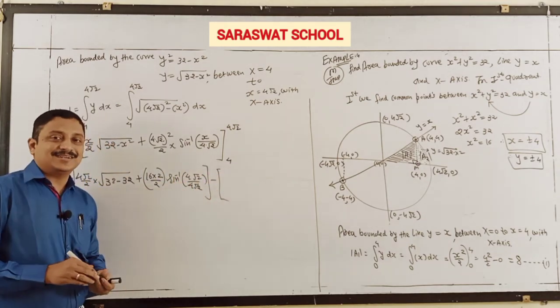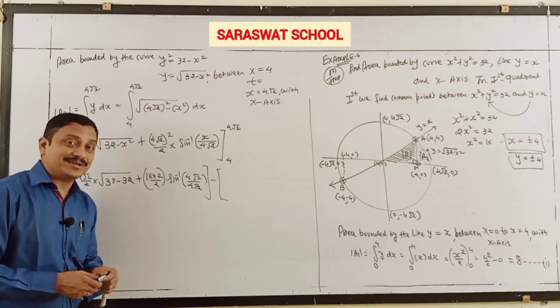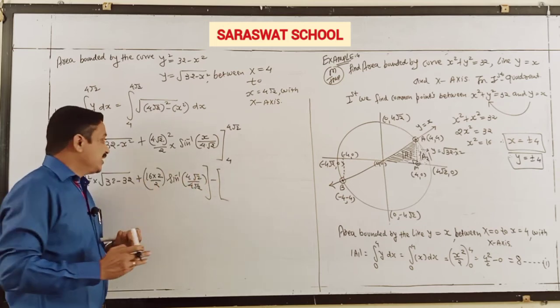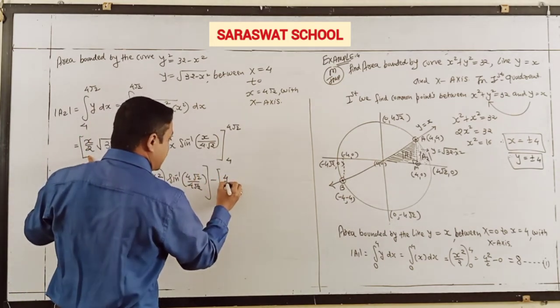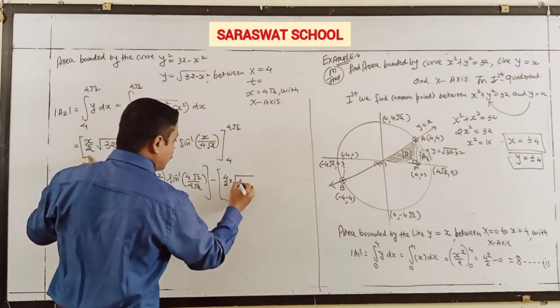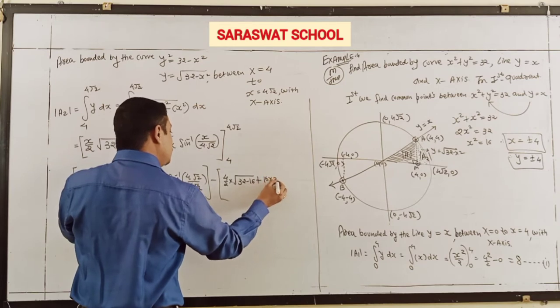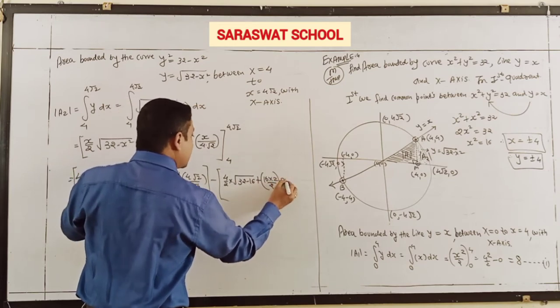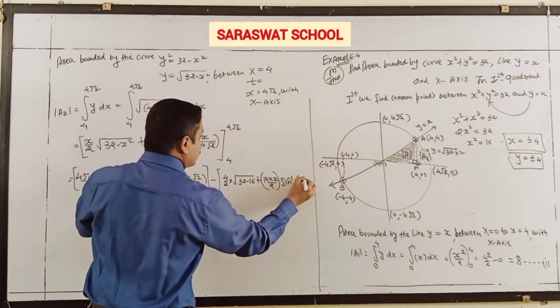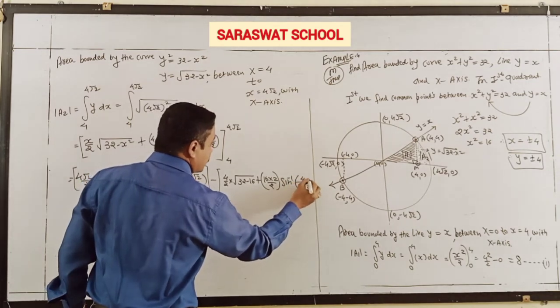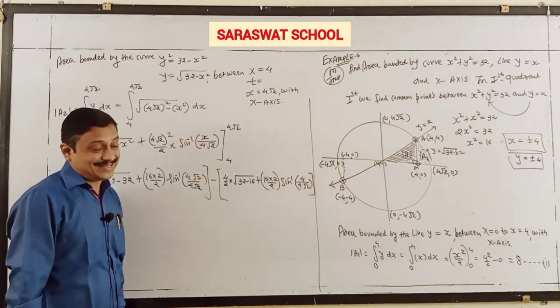Minus, time coming to the lower limit. Put in 4. So 4 by 2 under root of 32 minus 16, plus 16 into 2 by 2 sine inverse 4 by 4 root 2. Very easy.